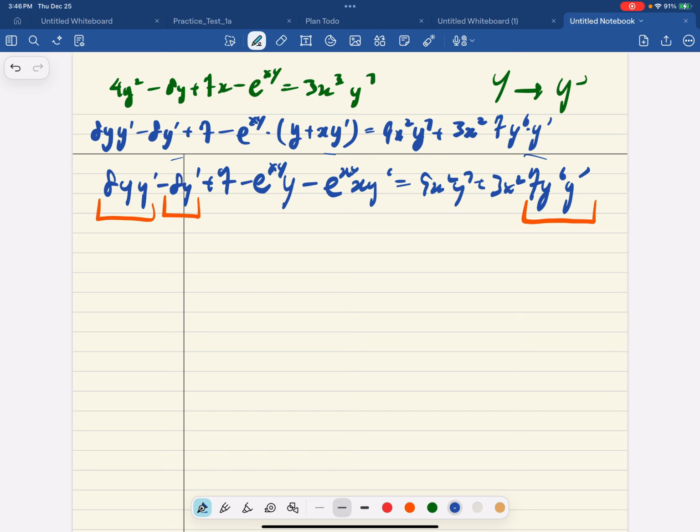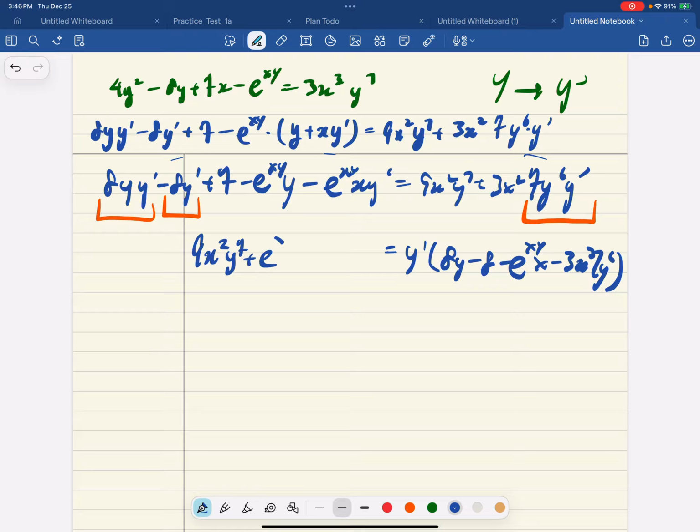Okay, so it turns out to be y prime times (8y minus 8 minus x e to the xy). Yeah, so now I brought whatever had y prime to one side, and on the other side we have everything else. So that is just isolating y prime out of everything that originally had a y prime. So there was 8y y prime, 8 y prime, and e to the xy, I think I forgot a y prime here.